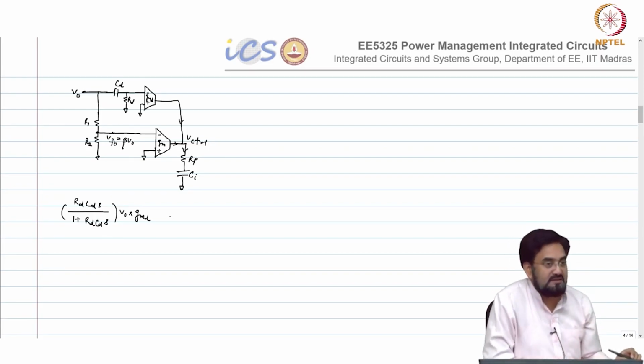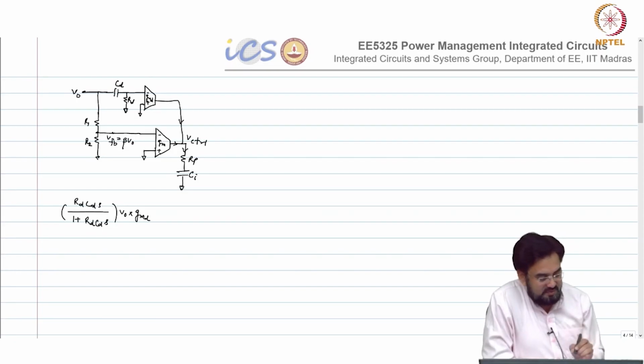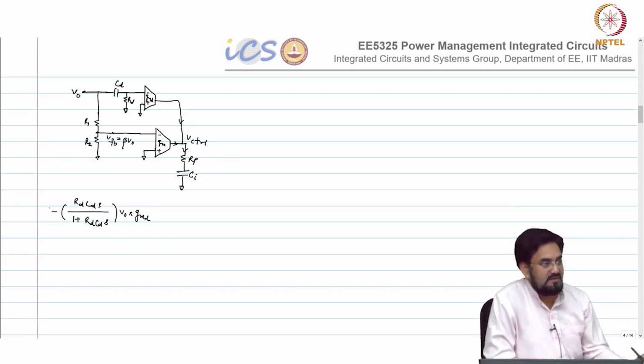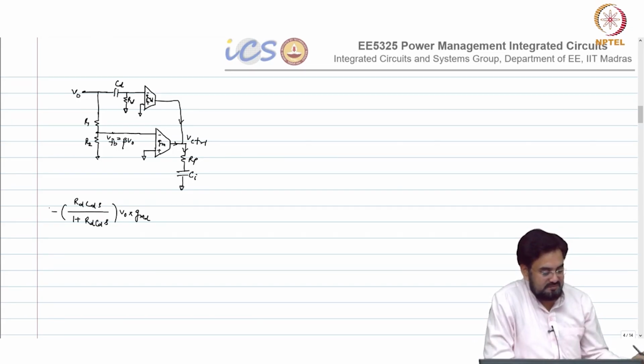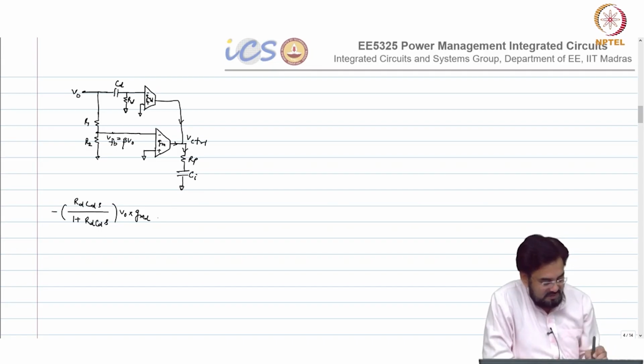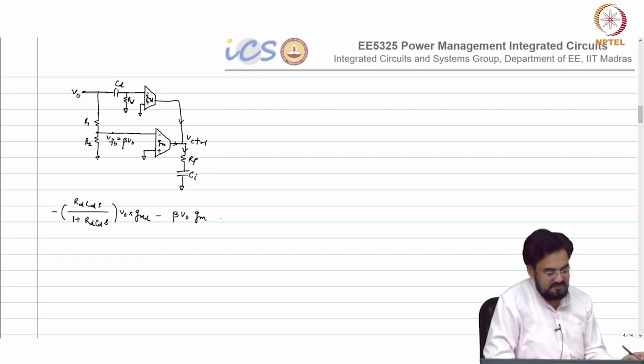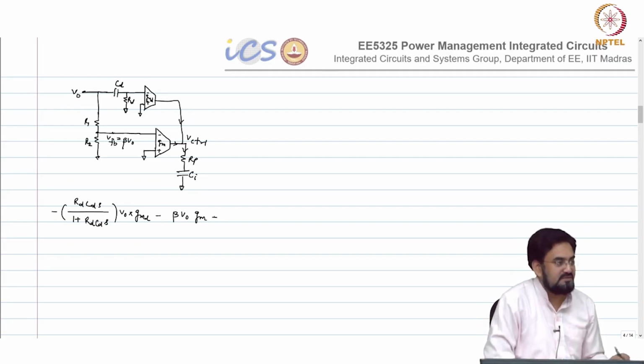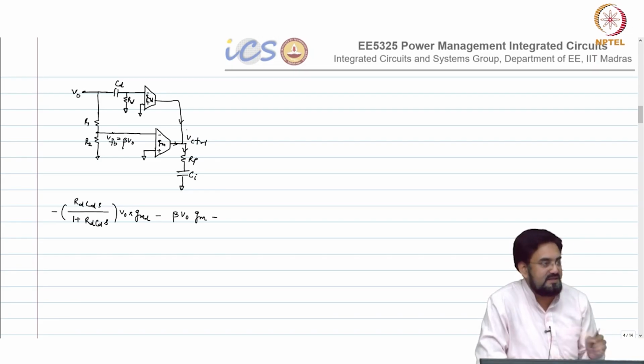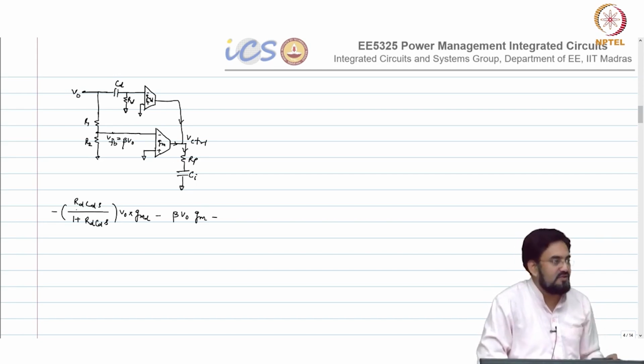That is the first current, and since it's going outside, if I take it negative, this will become negative, because we are giving at the negative input, so from GM point of view this current will be negative, and this guy will be beta V naught into GM, minus, because this is coming at a negative input and direction is opposite, so if you are taking it minus, the other should also be minus.